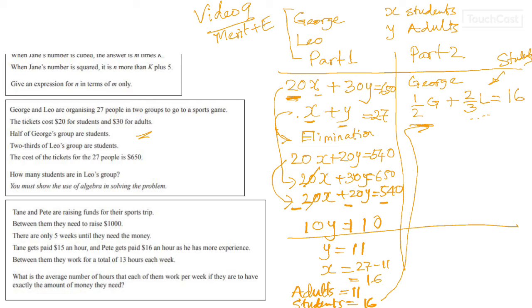Now let's think about adults. So if half of George's group are students, half of George's group will be adults, plus 2/3 of Leo's group were students, so rest of them, 1/3 of Leo's group, would be adults.